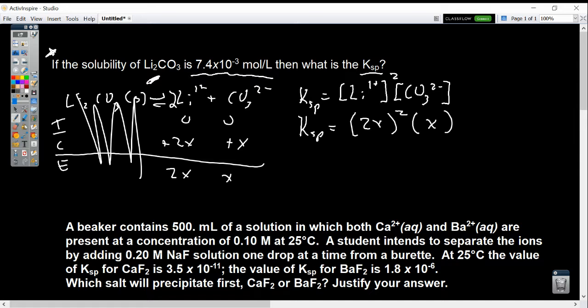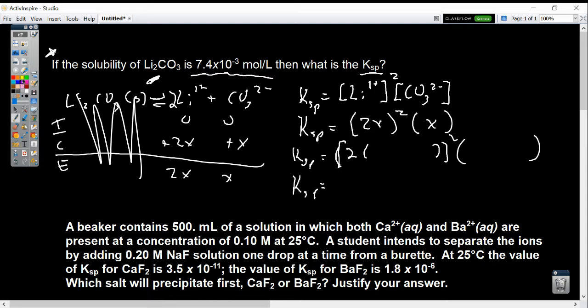So if you want to find the KSP value, you just need to substitute. KSP is going to be 2 times something squared times that other something, and then you have your KSP value.